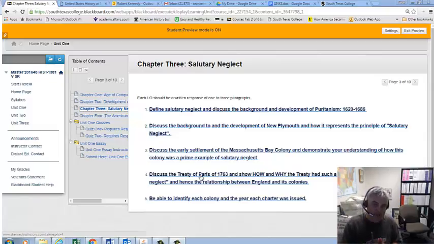So they didn't have time to really govern their colonies in the way that an empire should perhaps govern them. As a result of that neglect, salutary neglect, the colonies really developed a very independent sense of self from Great Britain and from each other.